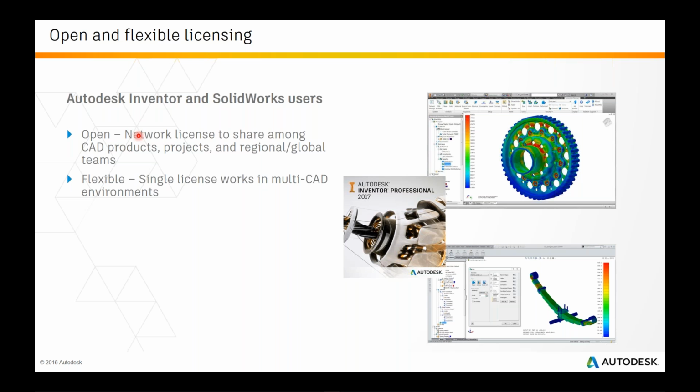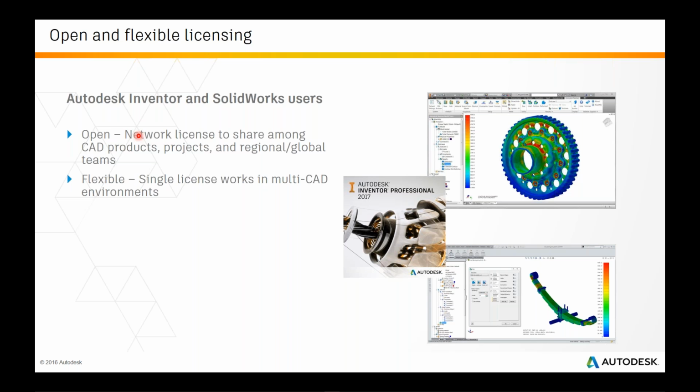Autodesk, as I told you, Autodesk Simulation or Nastran In-CAD works with Autodesk Inventor and Dassault Systèmes SolidWorks, with users of those CAD solutions. It's an open network license to share.